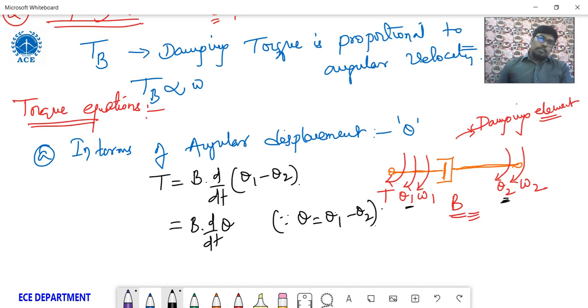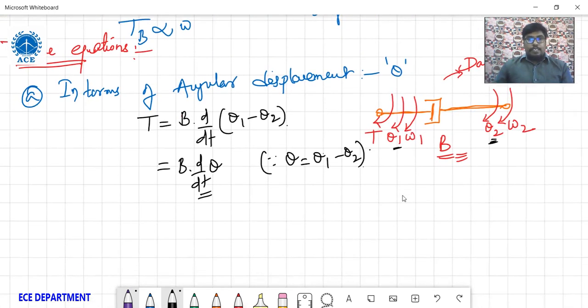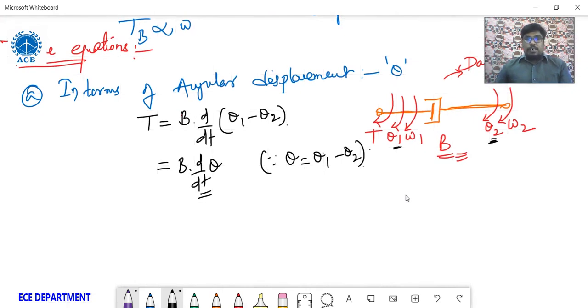This is the damping torque equation for a damping element in rotational systems. What are the units here?